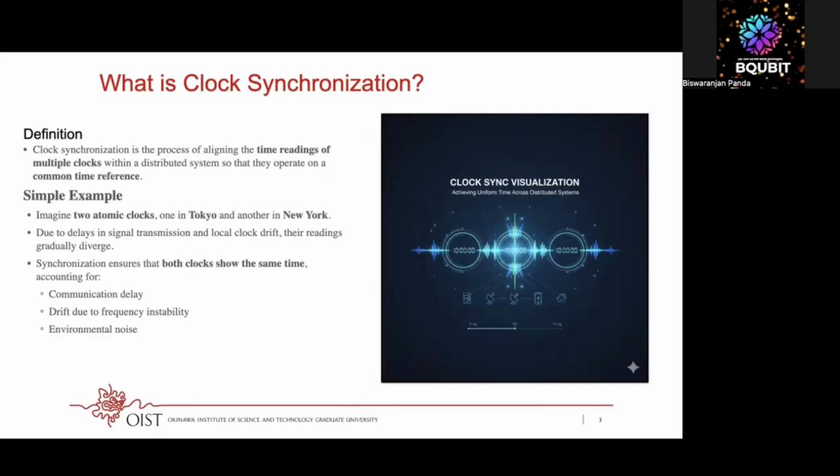One simple example is, imagine you have two atomic clocks, one in Tokyo and another in New York.